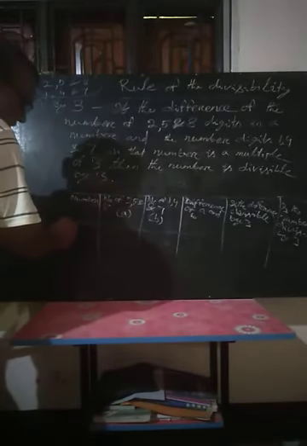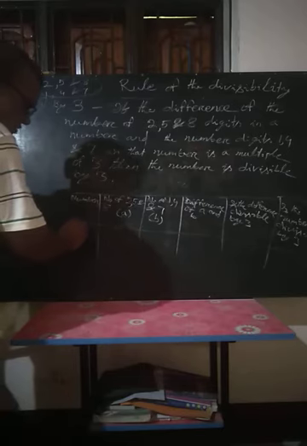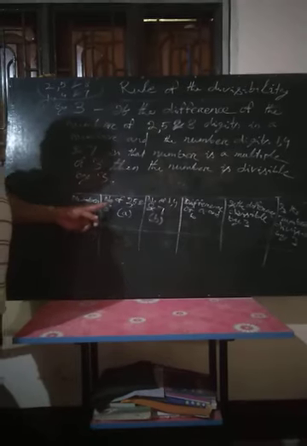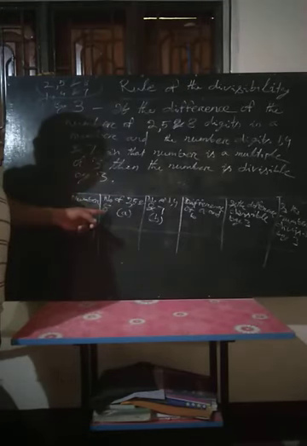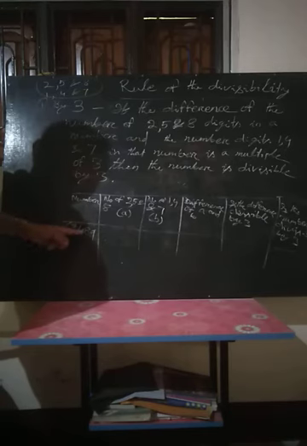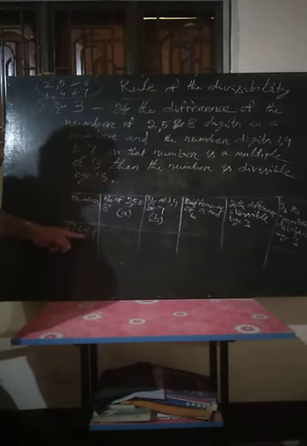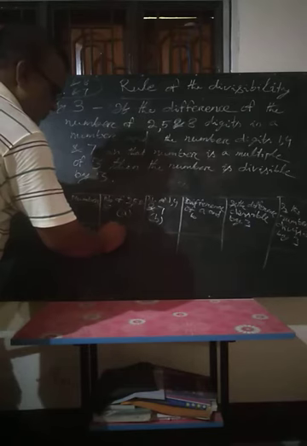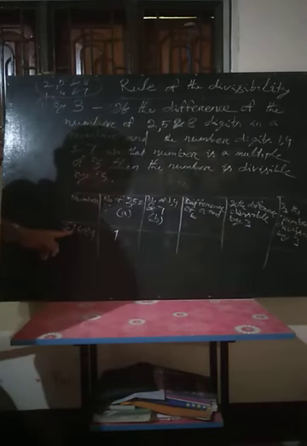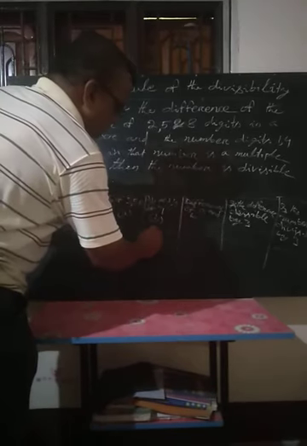Suppose a number is 67489. Okay, thereafter the number of 2, 5 and 8. There is no 2 and no 5, but only 8, one number of 8. Okay, then how many 1s, 4s and 7s? 4 is 1, 7 is 1, so total 1 plus 1 is 2.